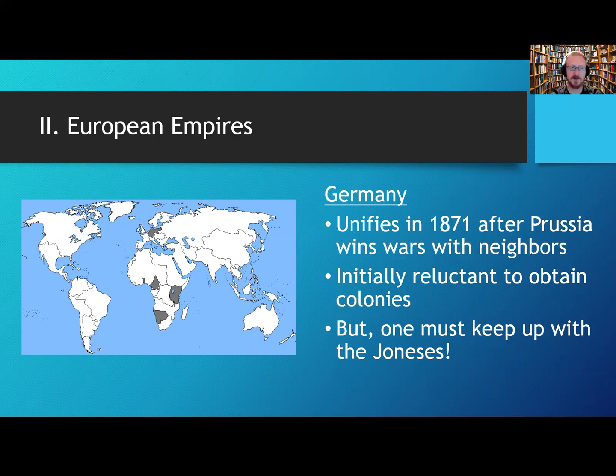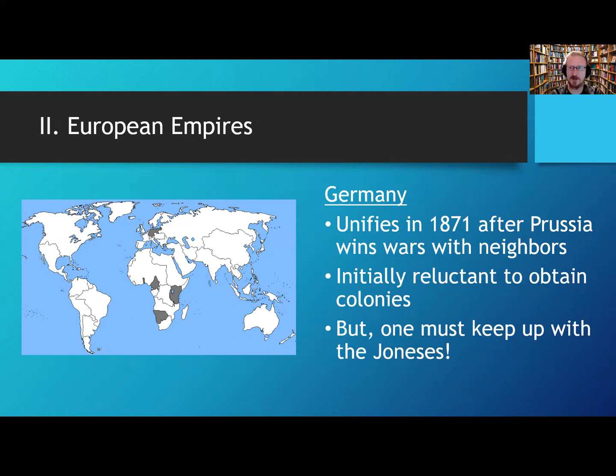So Germany acquires the Cameroons, parts of East Africa, really kind of, I hate to put it this way, but the scraps that are left over that France and Britain don't want, because there's no resources there and very few people.